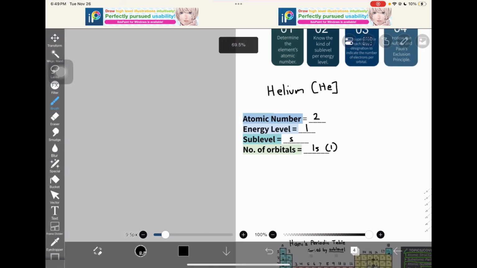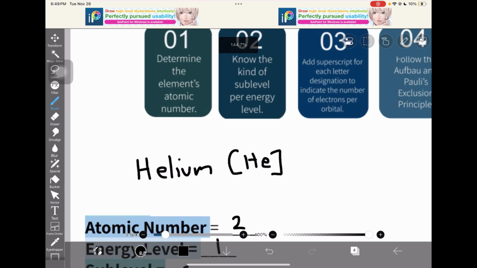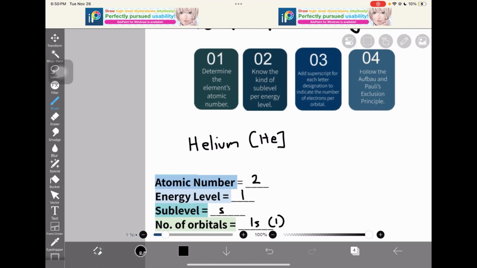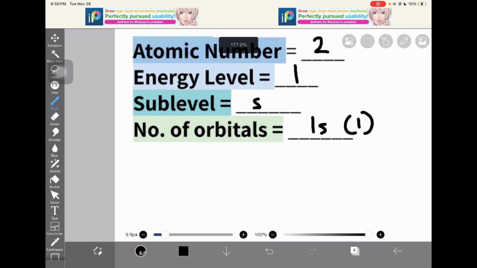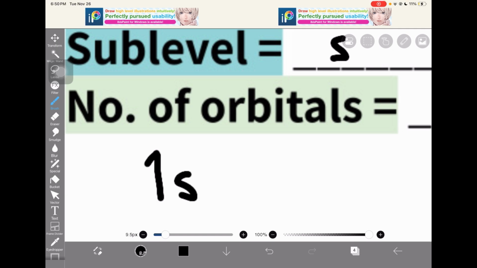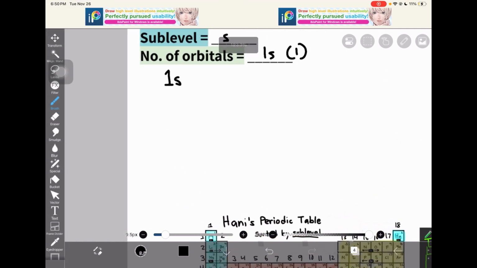Now, how do we do this? We already did steps 1 and 2. How about what's the superscript? Well, first and foremost, let's start off with the only one, which is 1s. Now, we want to count how many elements we passed by to get to helium under 1s.